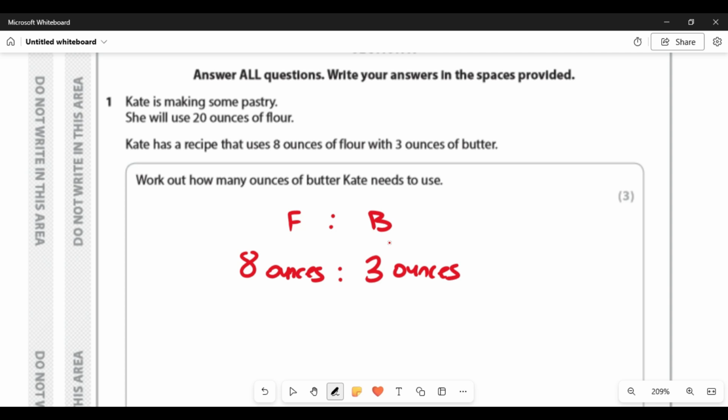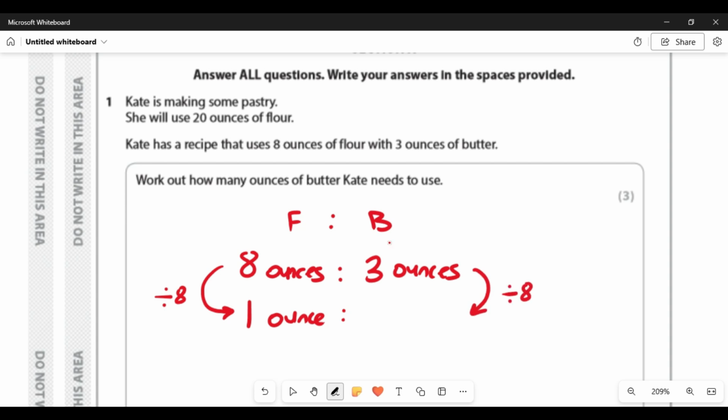Because it's non-calculator, I'm not going to work out what 1 ounce is, because to go from this to this, which I wouldn't recommend, you're going to have to divide by 8, and then divide by 8 on this side as well.